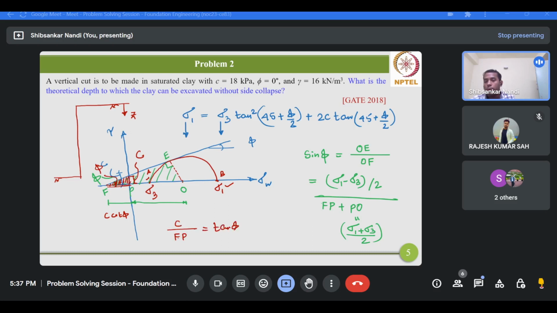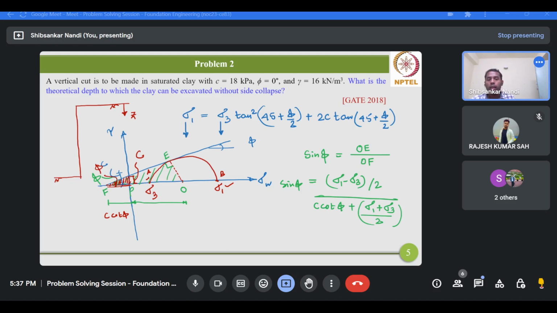Therefore FP will be simply C cot phi, from simple geometry. Now if we substitute all these values in the previous equation, it will become C cot phi plus sigma 1 plus sigma 3 by 2. So this is the expression for sine phi.